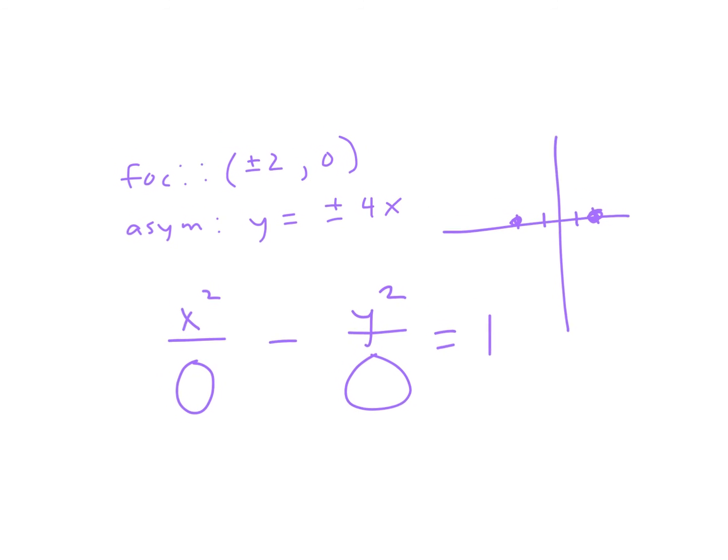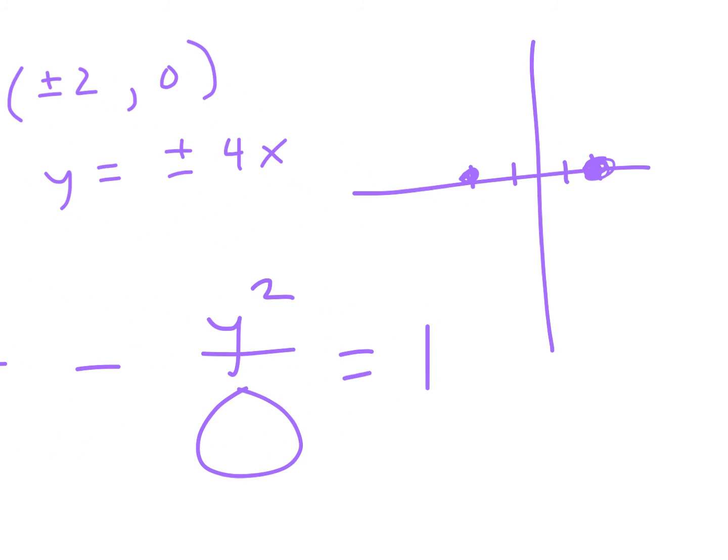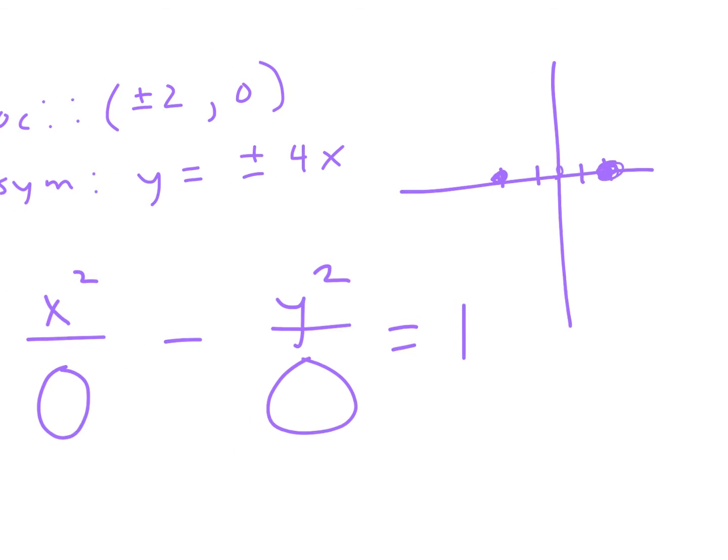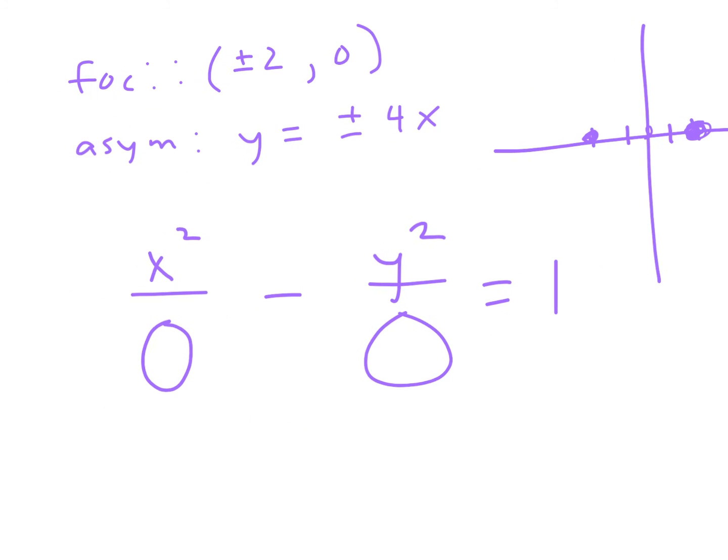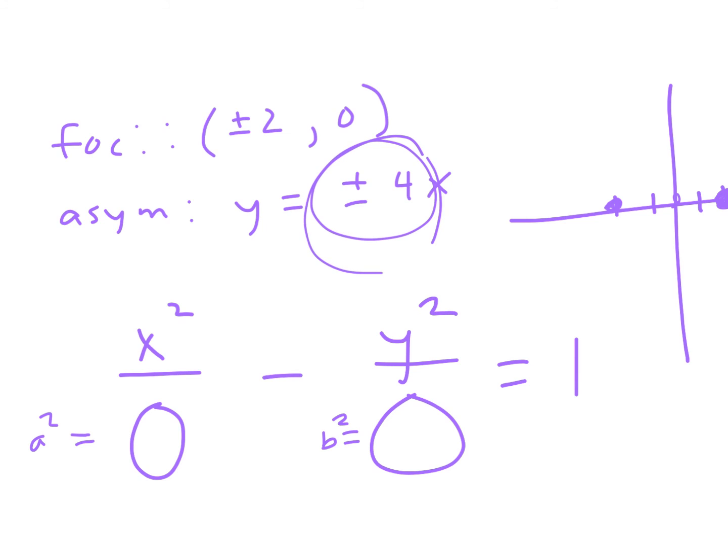Well, what's the center of these 2 points? 0, 0. So that's why it's just x squared and y squared. But remember, under here is a squared, and under here is b squared. What is this plus or minus 4? In our equation of an asymptote, what comes before the x?